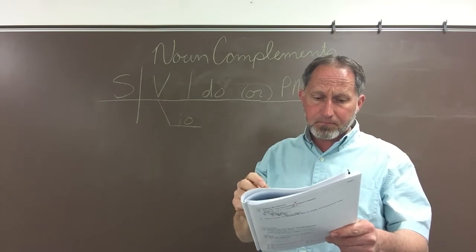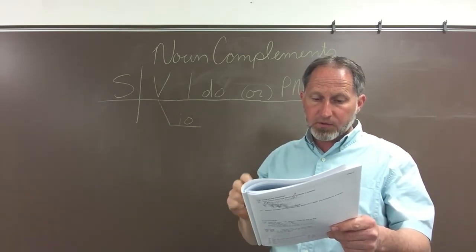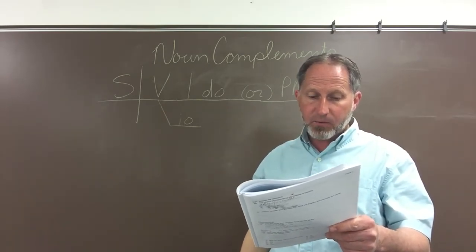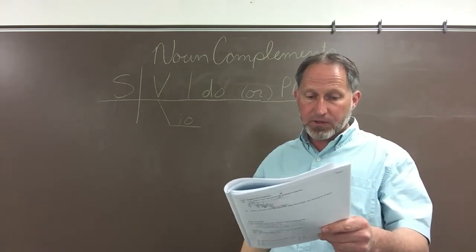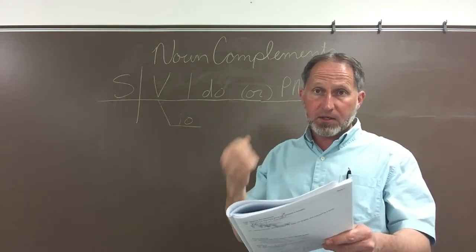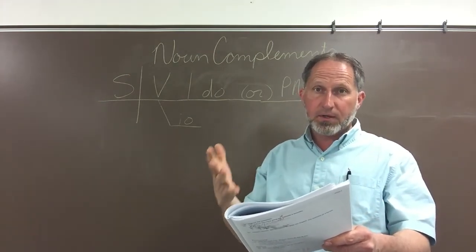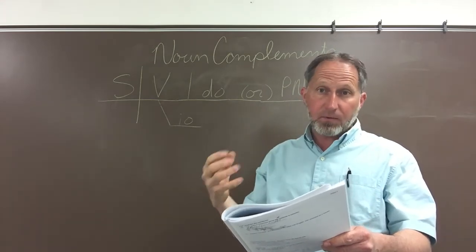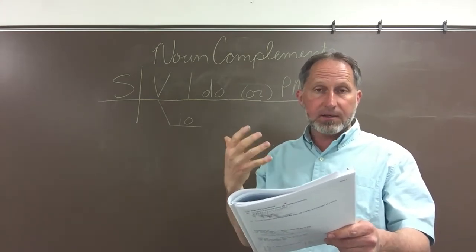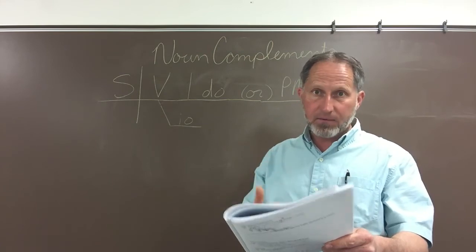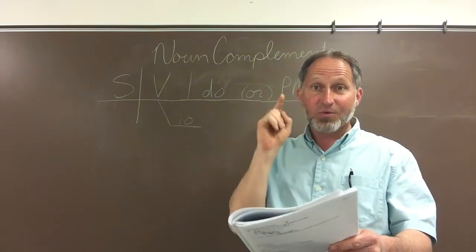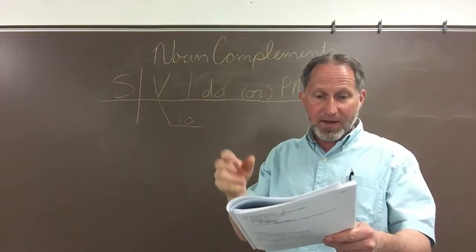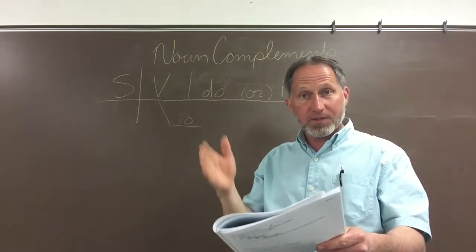Judson, working for more than 14 years, finally completed the entire Bible in the Burmese language. Judson is the subject. Do you see a word that could be a verb, but in this case is describing a noun? Okay, yes, working. And so the whole phrase is working for more than 14 years.